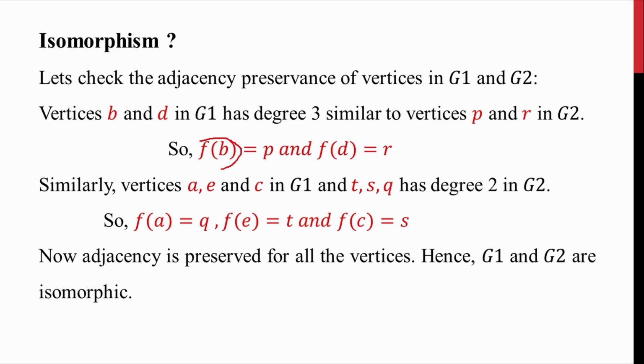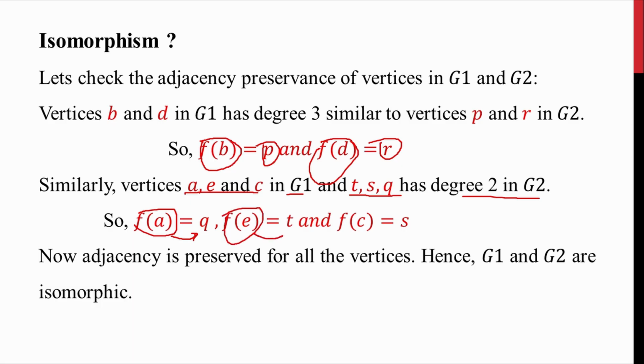So f of B corresponds to P and f of D corresponds to R. Vertices A, E and C in G1 and T, S, Q in G2 have degree 2. So f of A corresponds to Q, f of E corresponds to T and f of C corresponds to S. Now adjacency is preserved for all the vertices, hence G1 and G2 are isomorphic.